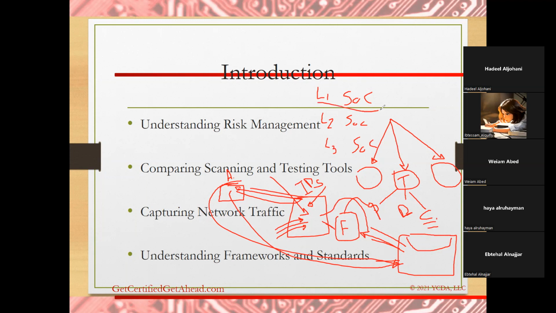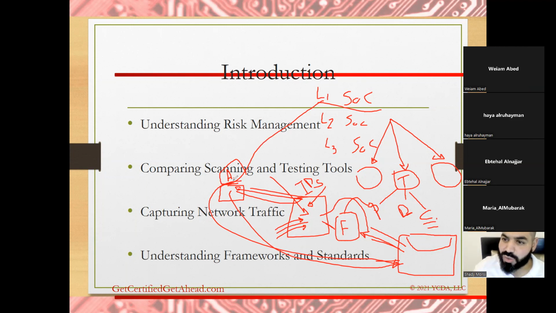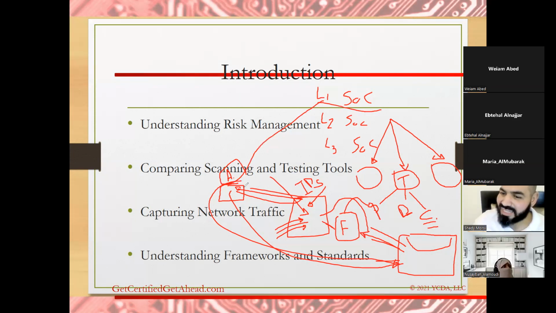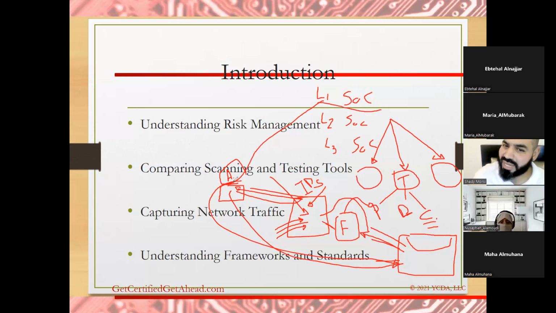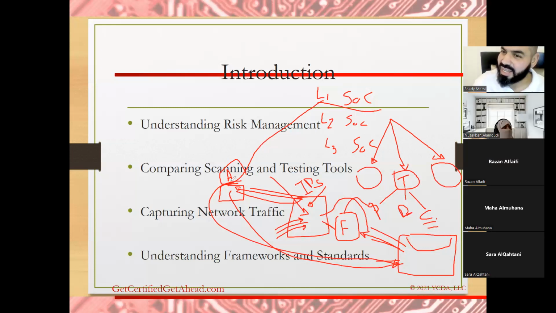The Layer 1 SOC analyst is the one sitting and monitoring for anything suspicious. Anything suspicious is detected by the SOC analyst. The SOC analyst will monitor every single system in your network, and look at the logs coming from these systems and from IDSs.